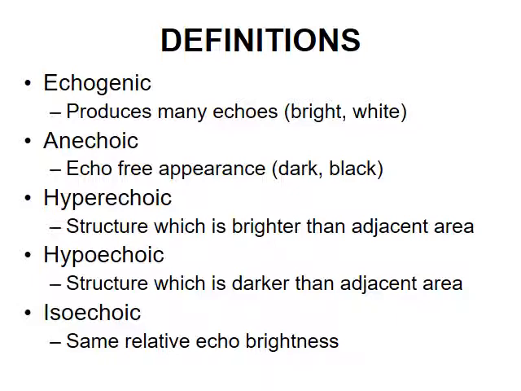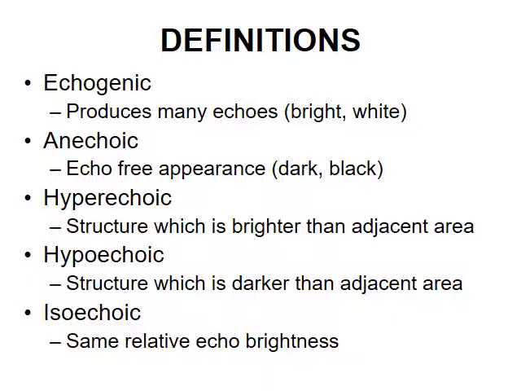It's hyperechoic, brighter on our image. Conversely, I could say that structure A is hypoechoic to structure B. This time what I'm saying is that it's darker or blacker than structure B. Okay, so hyperechoic and hypoechoic.